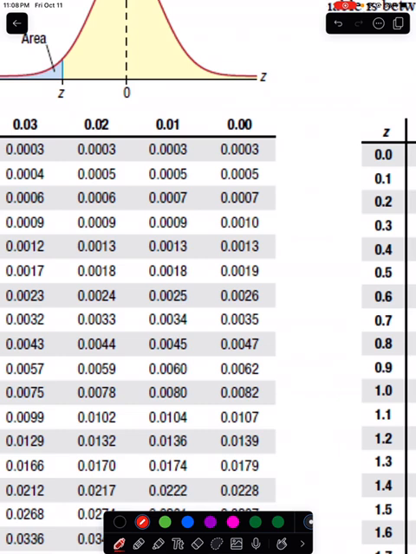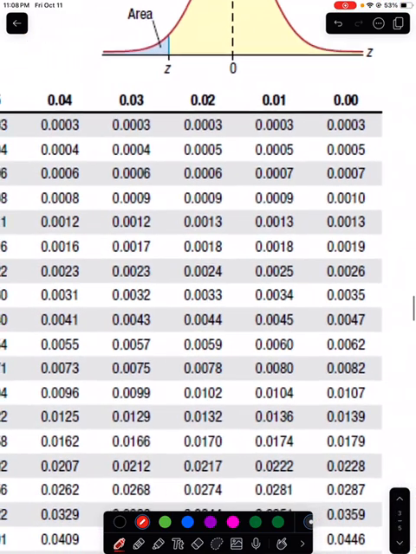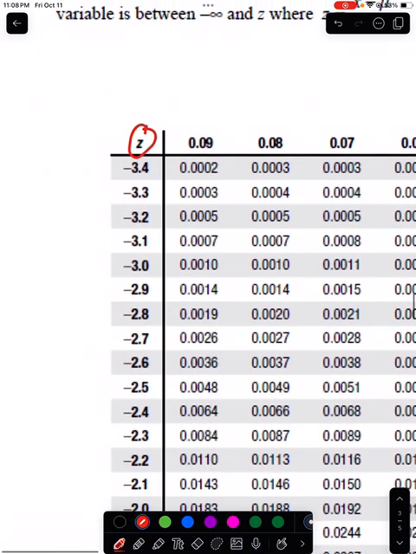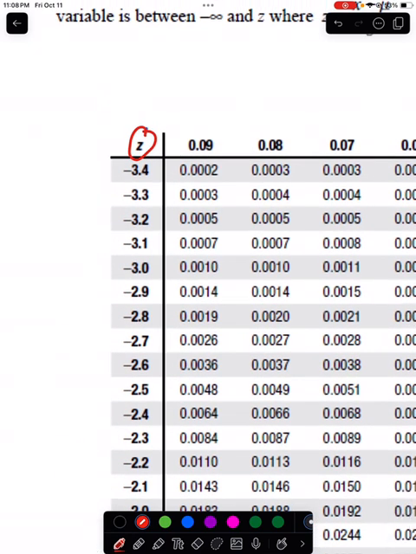If you are left of the mean, then your z score is a negative number. So how do we read these values? Well, the z score is constituted by the first column and the first row. The first column gives us the z score only up to 1 decimal place, and then we add the second decimal by using the number in the row.